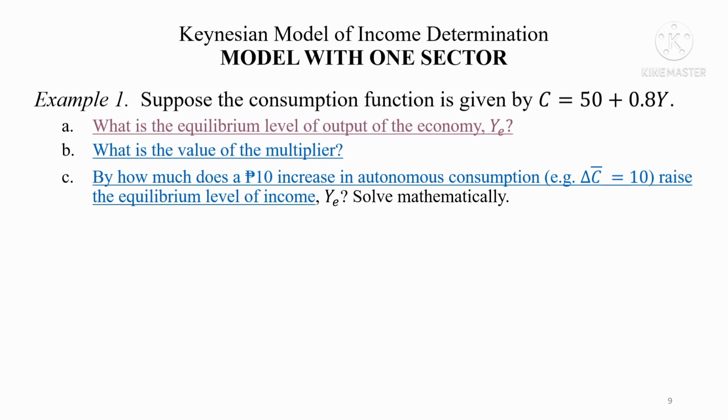Recall that to determine the equilibrium level of output or income of the economy, the output produced must be equal to the output demanded. The question is, what is the equilibrium level of output of the economy if consumption is equal to 50 plus 0.8Y? We need to solve this mathematically, and I have already solved the problem, so I want you to take a look at how it is done.